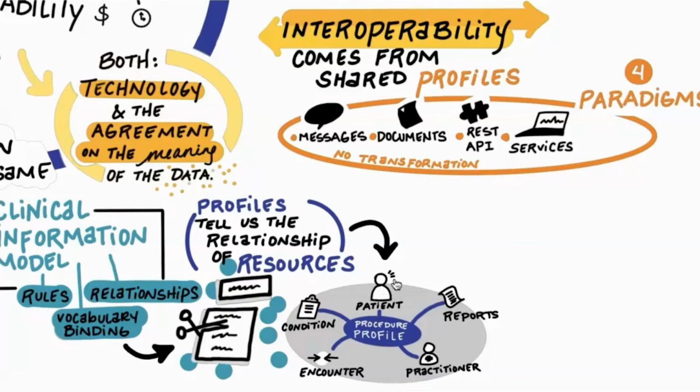In most cases, there is an encounter in which that procedure was performed, and there's a condition that the patient has, the FHIR condition resource, that's the reason that procedure was performed. And for a lot of procedures, there's a diagnostic report that is produced from the procedure. So that is the 30,000-foot view of a profile for a procedure.